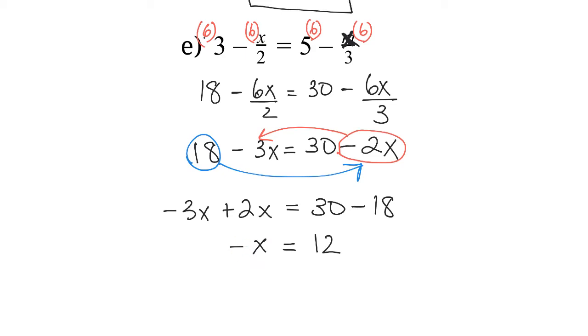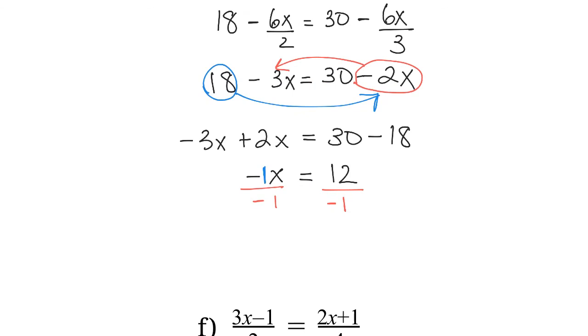So in order to get rid of the negative sign, we are going to have to divide both sides by negative 1. Remember, just because you don't see it doesn't mean it's not there. There is actually a 1 here. Okay, so missed a negative sign there. Okay, so 12 divided by negative 1 is going to be negative 12. So my final answer is negative 12.